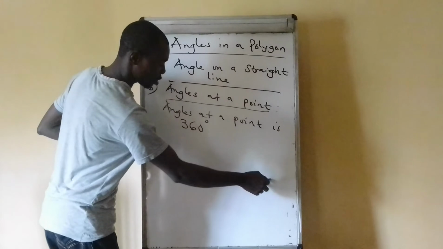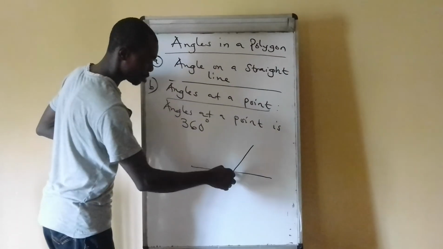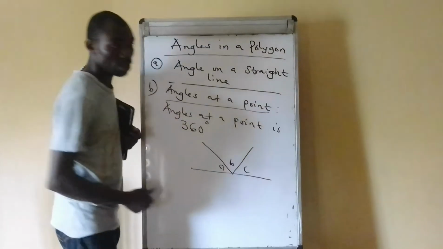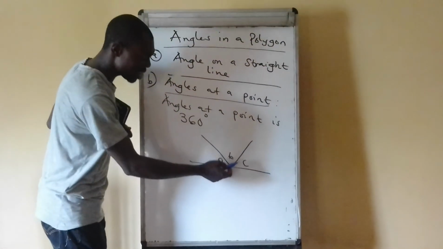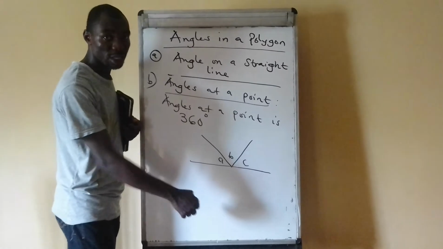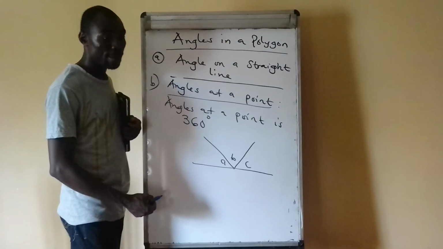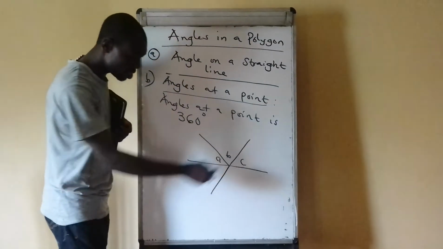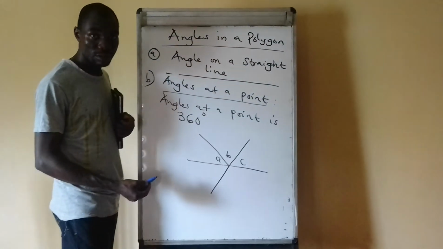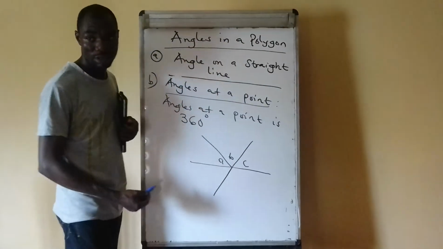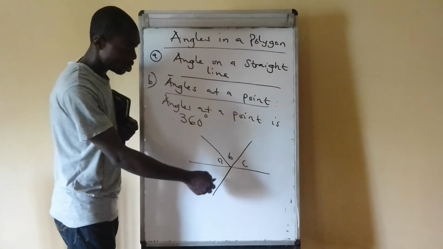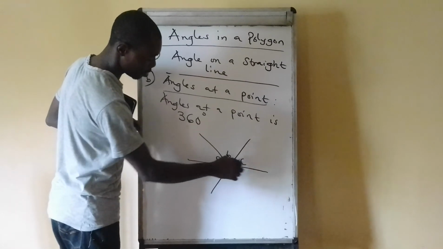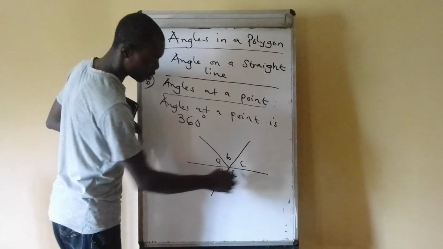Now, the first time I drew something like this, I called this A, B, and C. Immediately any line comes down, it becomes angle at a point. Immediately this comes down, it is no longer angle on a straight line anymore. It becomes angle at a point. So let's call this A, B, C, D.